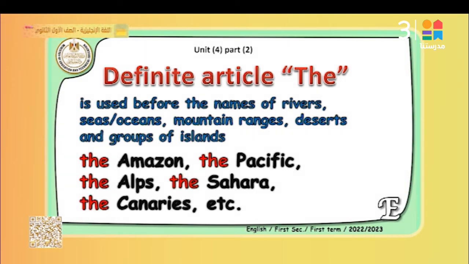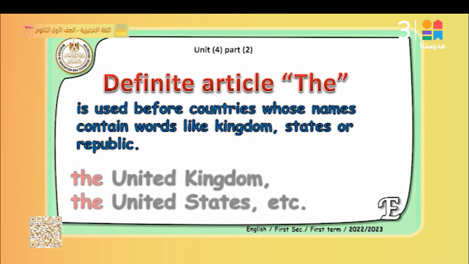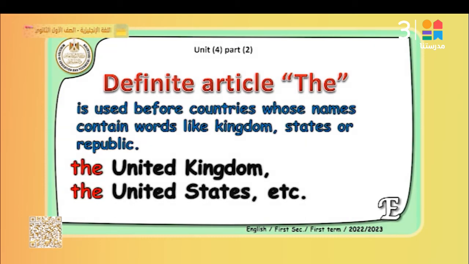Also, we use the with rivers. We say the Red Sea, for example. With mountains, we can say the Amazon. With the oceans, we can say the Pacific, and so on. We can use the, again, with the names of countries which have the word republic, kingdom, or states.